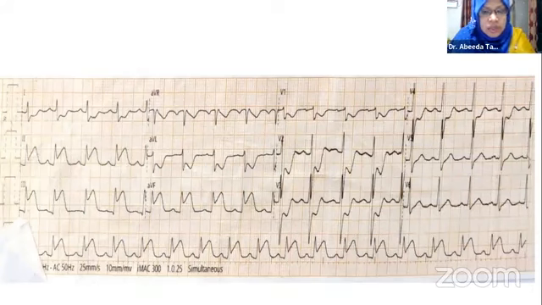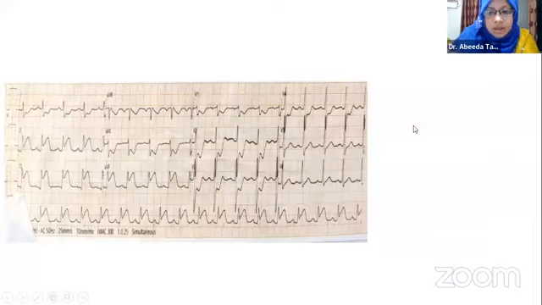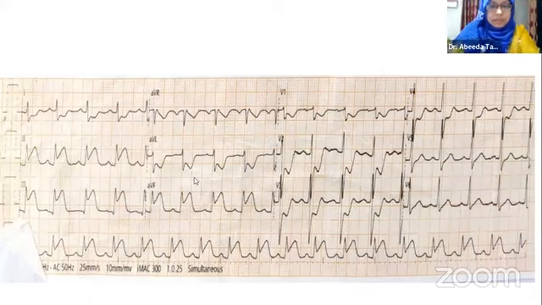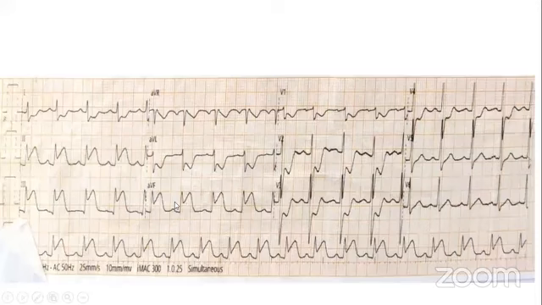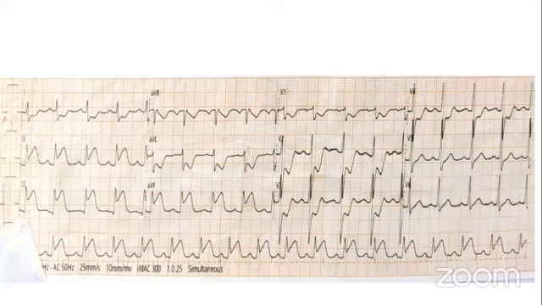So, if somebody wants to comment on this ECG, I invite somebody to raise their hand and comment on it. Tushar. Someone else, please. Hira Boni, can you please answer the ECG?